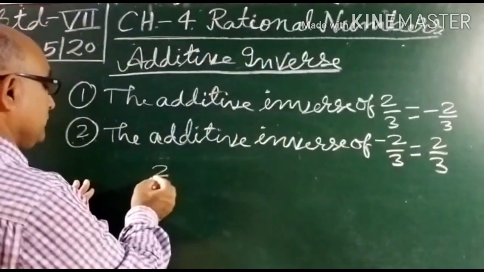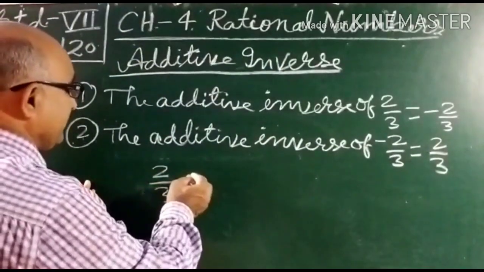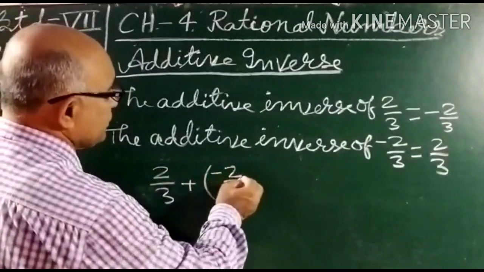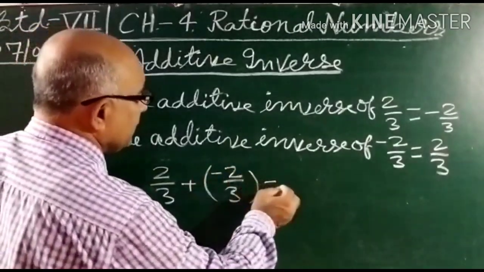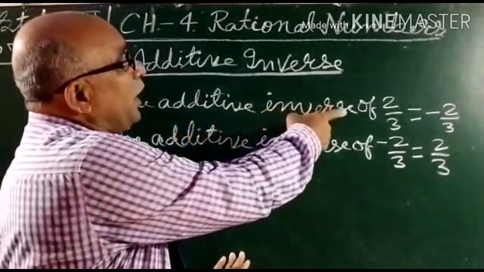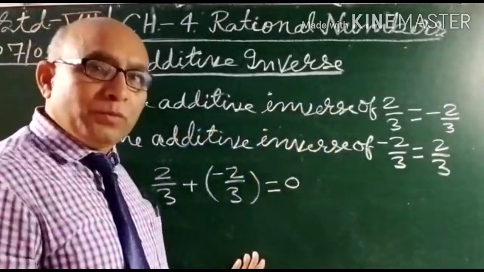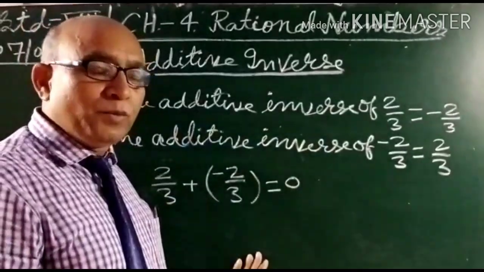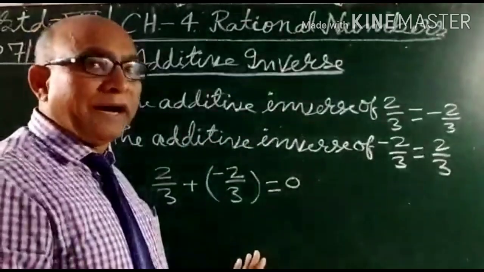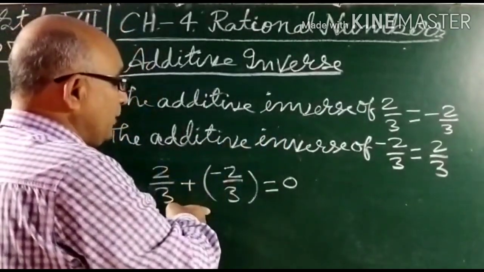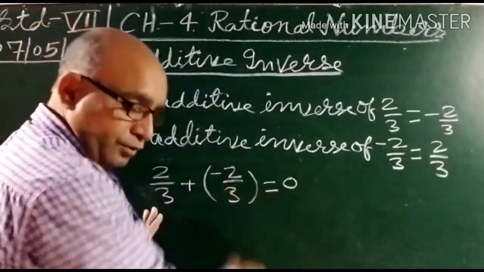Check it: 2/3 plus minus 2/3 equals 0. So the additive inverse of 2/3 is minus 2/3, and the additive inverse of minus 2/3 is 2/3. So the sum of 2/3 and minus 2/3 equals 0.